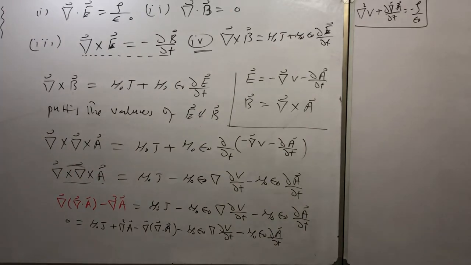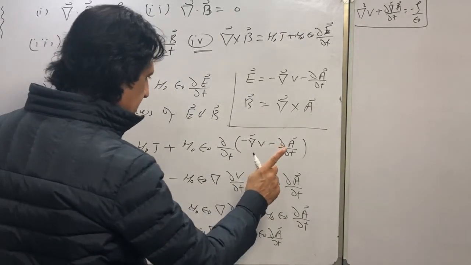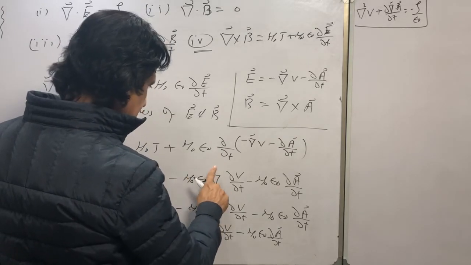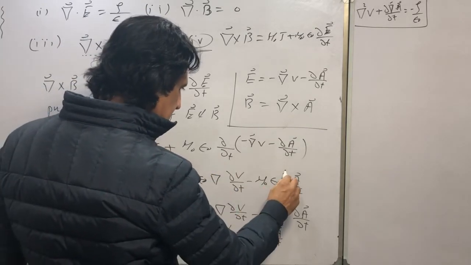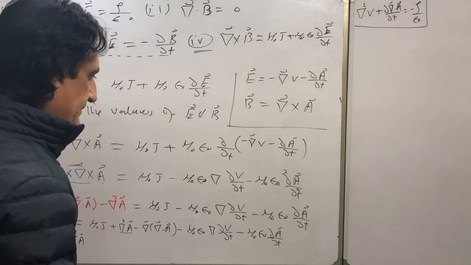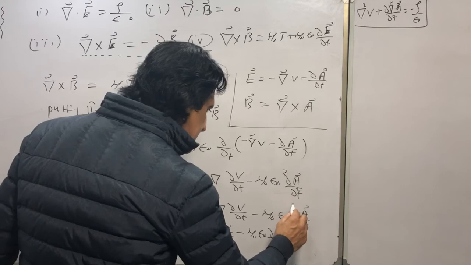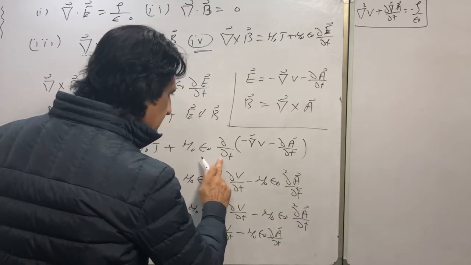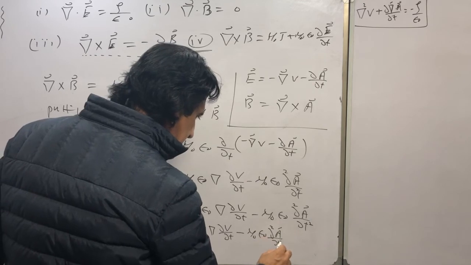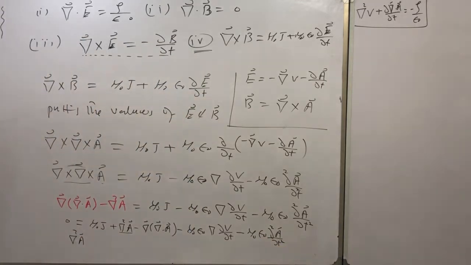And finally, I'm so sorry, there's a mistake here. In the multiplication, this must have a square and this must have a square. Because del divided by delta t becomes squared.